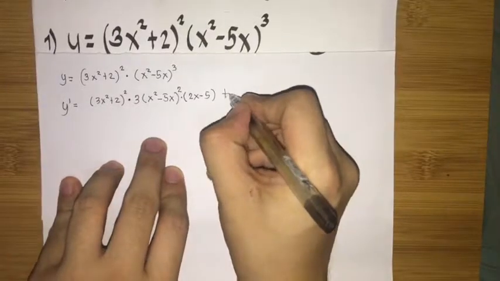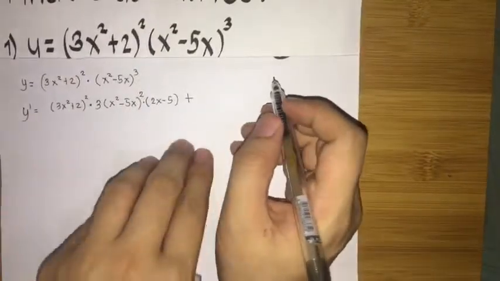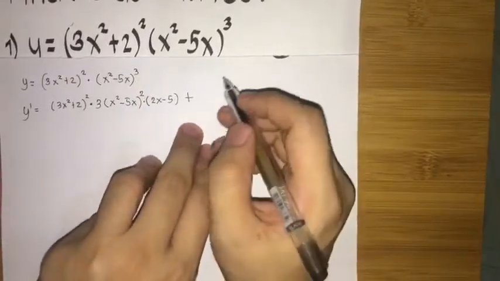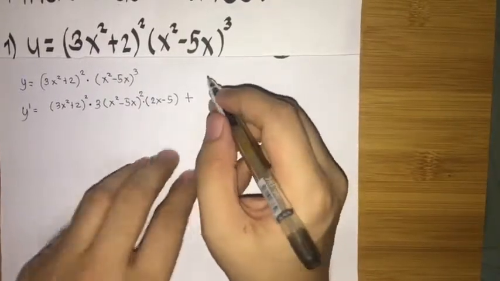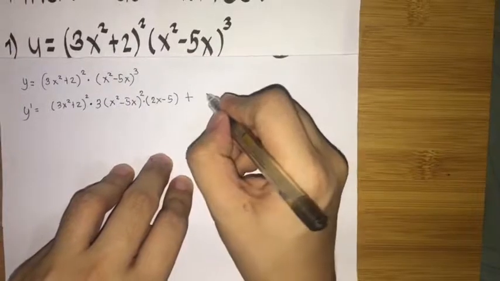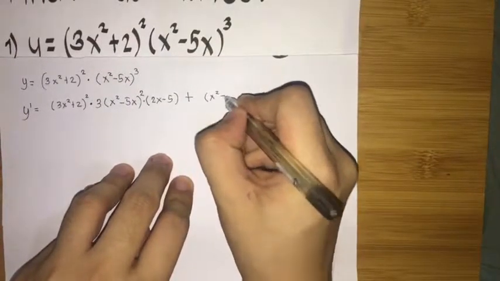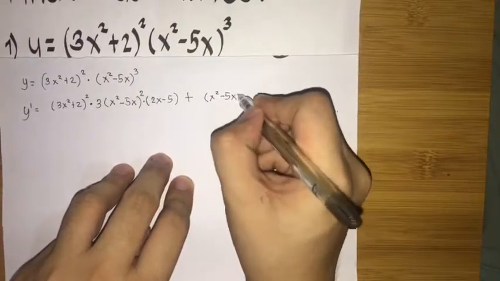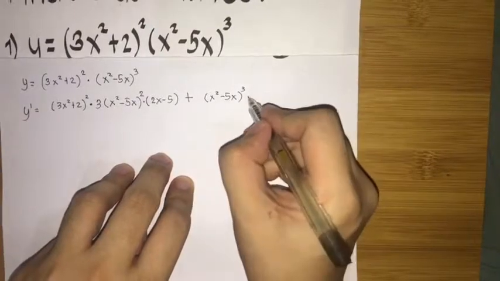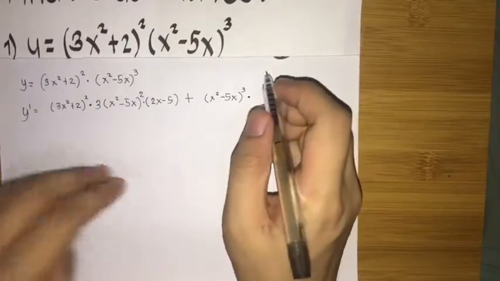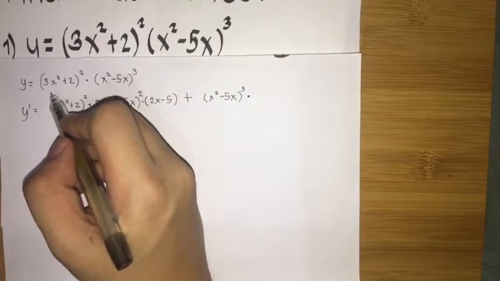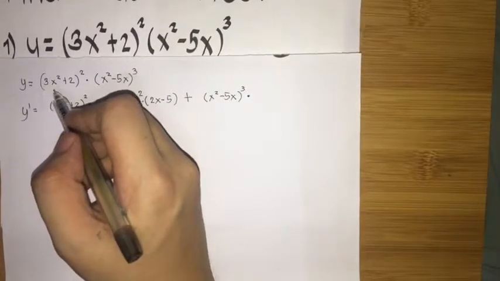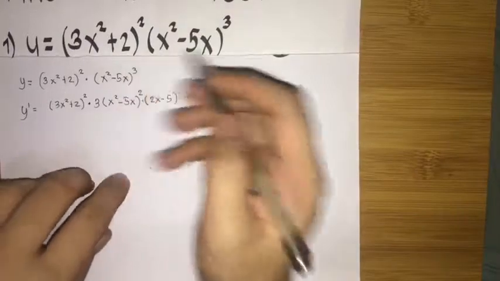Then let's proceed to the second part. According to the product rule, we'll now have just to copy the second function, (x squared minus 5x) quantity cubed, then multiply it by the derivative of the first function. And again, the first function is a composite one, so we will apply chain rule.